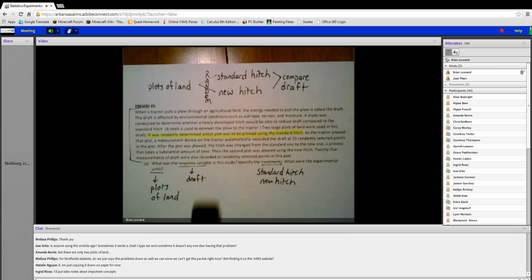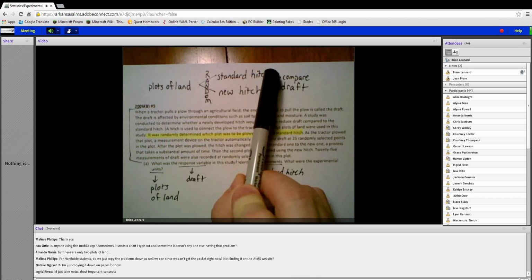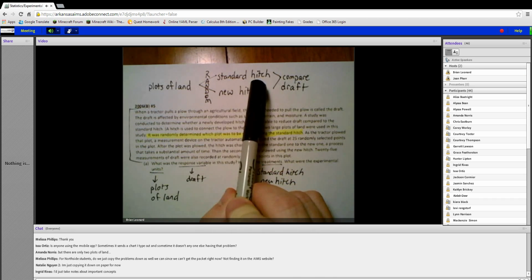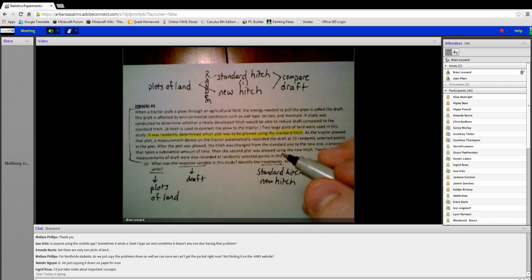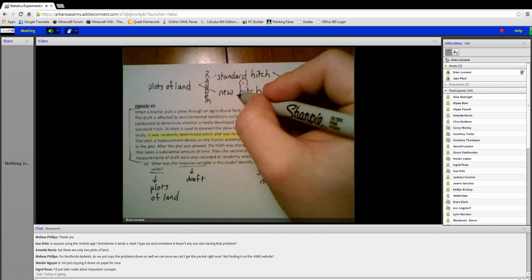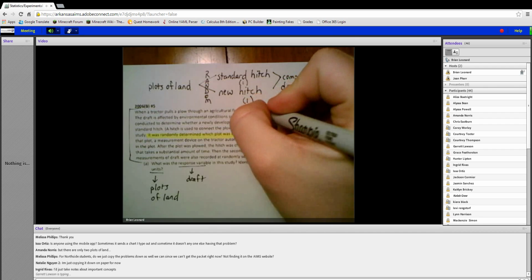Now, what is the issue that Amanda's bringing up? The fact that there's only two plots of land means how many plots of land are being assigned to this hitch? One. How many plots of land are being assigned to this hitch? One.